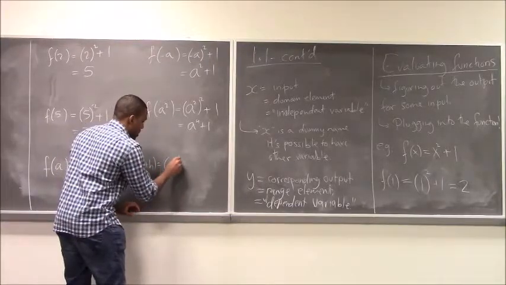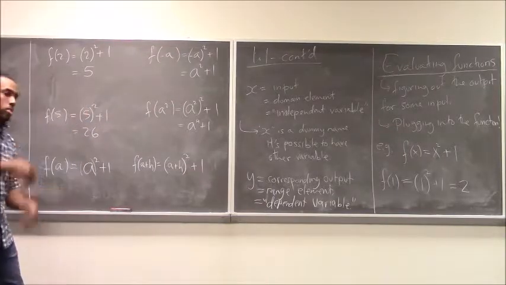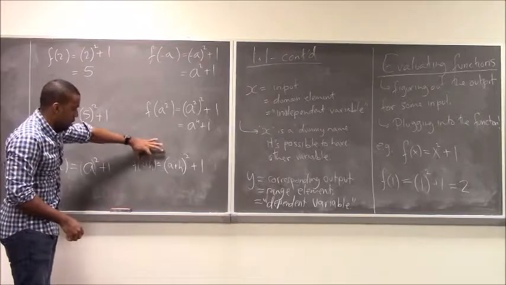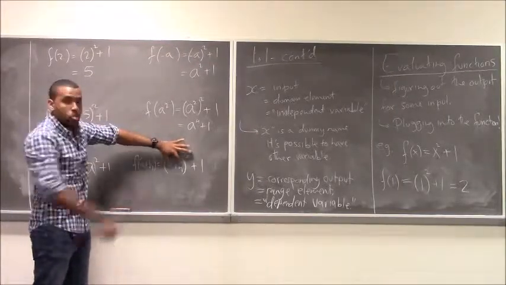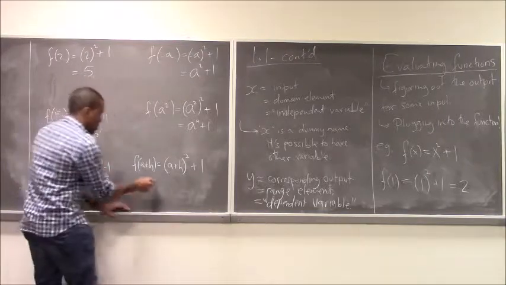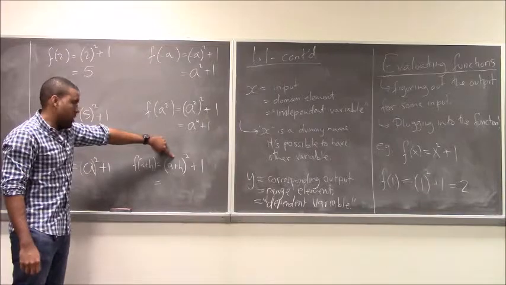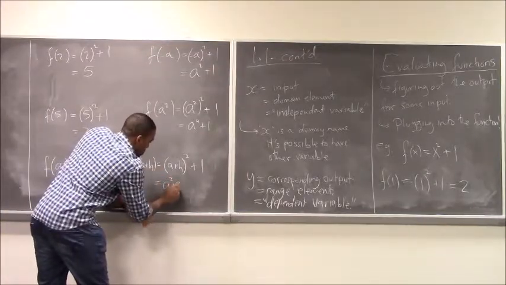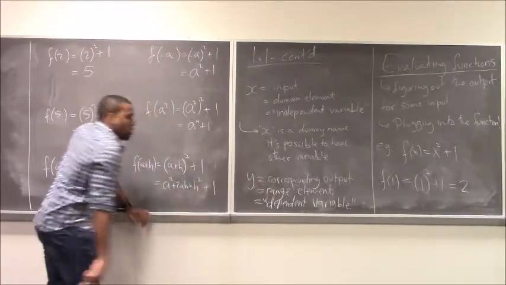So for the time being, especially if it's been a while since you've done math, you really want to write down every step and know what you're doing. So the first step you're going to want to do is take whatever's in parentheses here and replace the x with it. And so now this is something we spoke about on the first day. You have to FOIL it out, or you know that formula. So this is going to be a squared plus 2ah plus h squared plus 1.